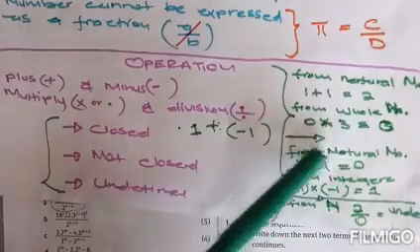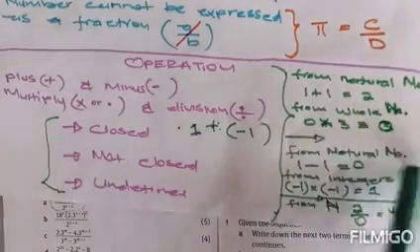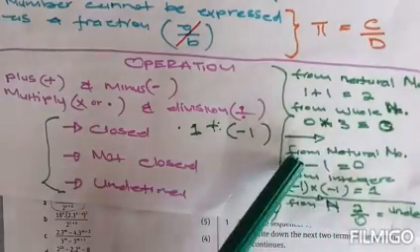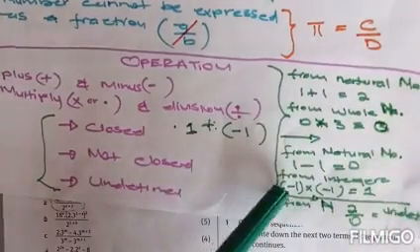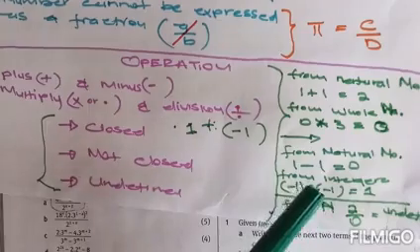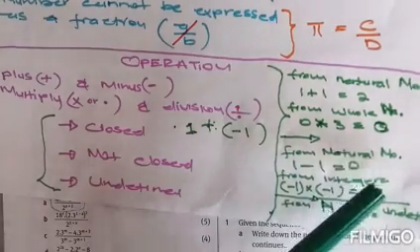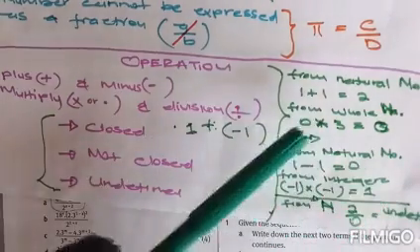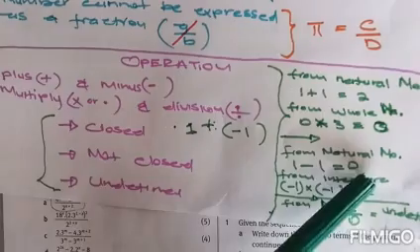A 0 is not from natural numbers, but is from whole numbers. Therefore, this working here is not closed. Also, an example from integers: if we multiply a negative by a negative, giving us what? A positive 1. We know that 1 is not only an integer, but it is also a natural number. So this working here is not closed.